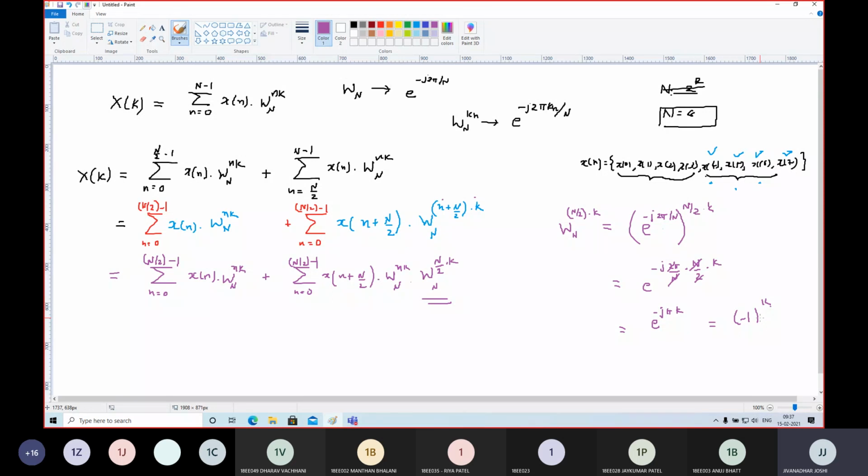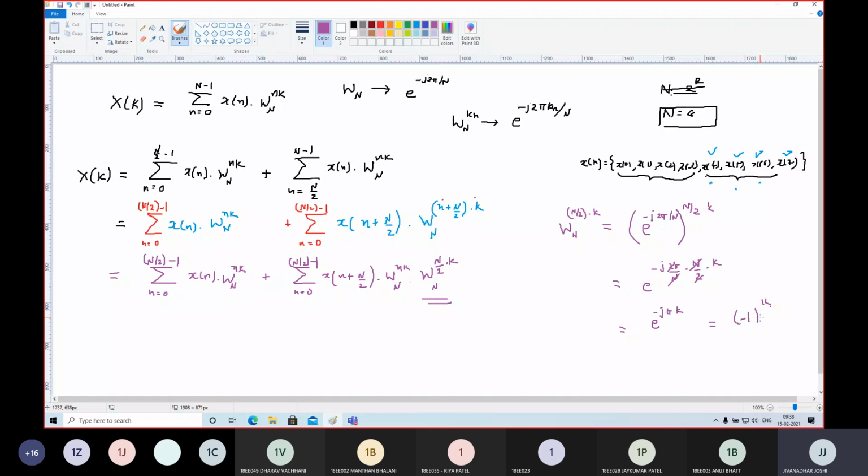It is minus 1. Or solve it in the calculator also, it will give you the same value. So we have concluded now that the answer for e raised to minus j pi k is equal to minus 1 for odd values of k, and it is equal to 1 for even values of k.